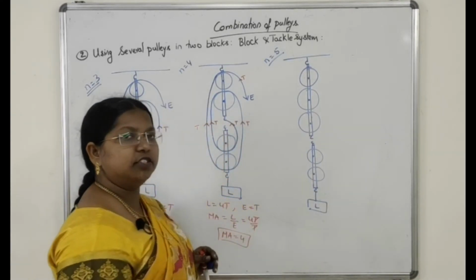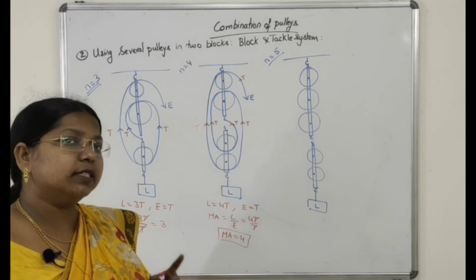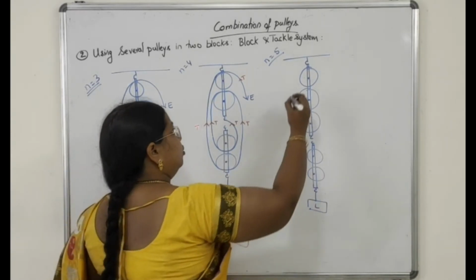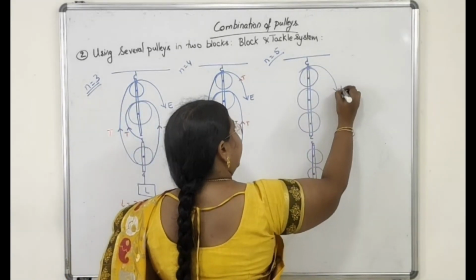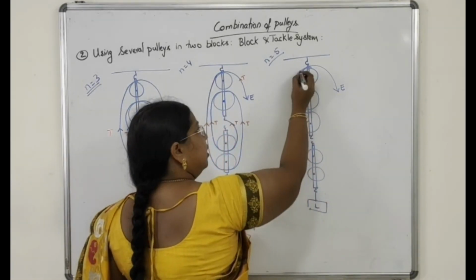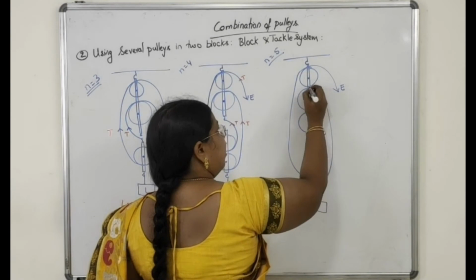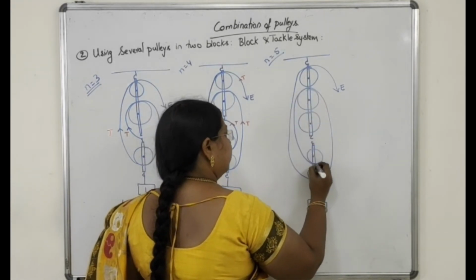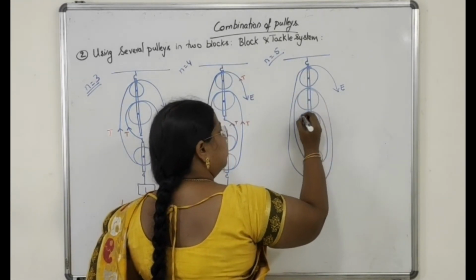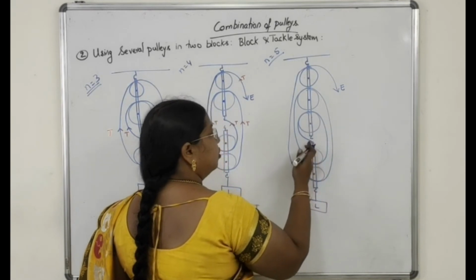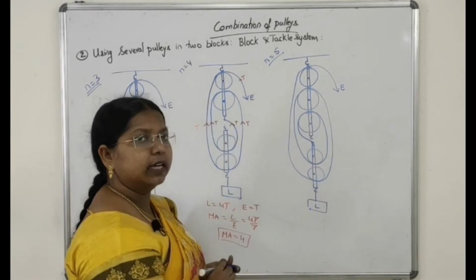All are of the same size, students. So you are having hooks on either side and the lower block is attached to the load. Now let us draw the string. Different pulleys, single string. So your effort acting in the downward direction, bring it down, rotate over it. We are having one more. Rotate over it. Upper we are having one more. No more in the down. So fix it to the lower block. Clear?